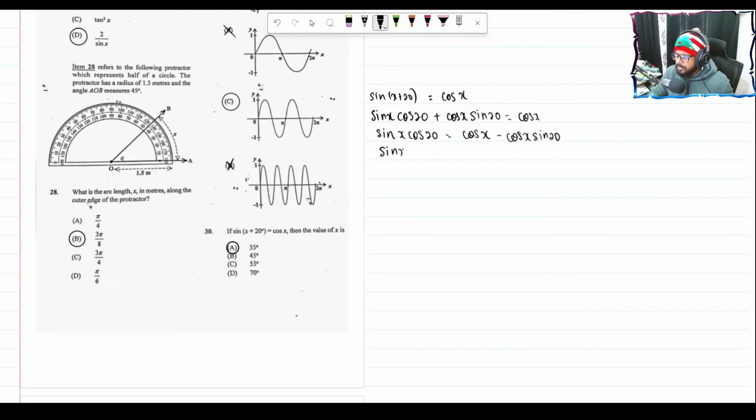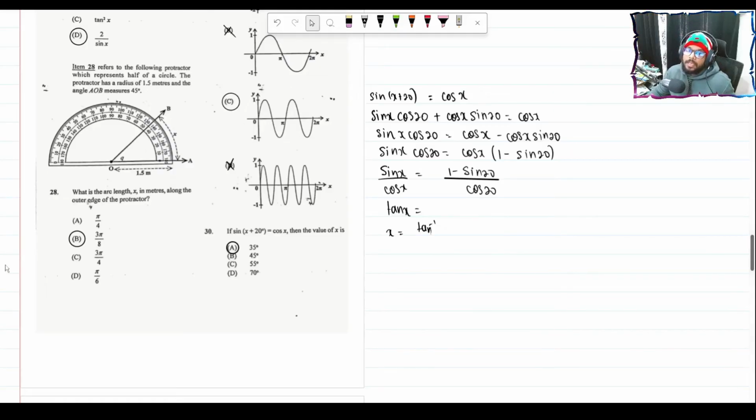So sine x cosine 20 is cosine x into 1 take away sine 20. If I divide both sides by cosine x, I will get sine x over cosine x, and divide both sides by cosine 20, I'll get 1 minus sine 20 over cosine 20. So tan x is equal to that, and x is going to be tan inverse of this expression here. Let me check and see what it is first.